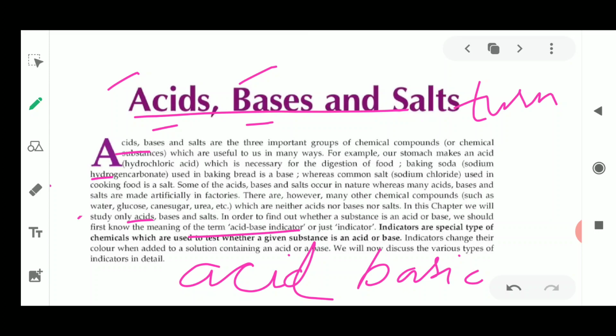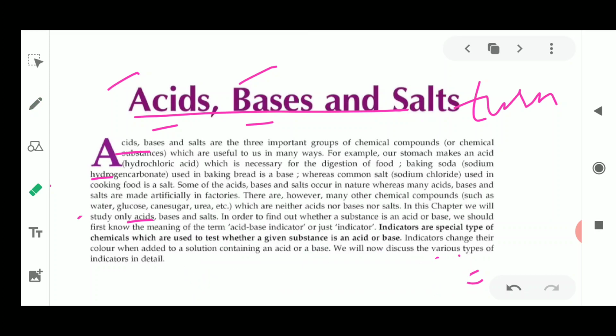Indicators are a special type of chemicals, as we are talking about chemicals in this chapter, which are used to test whether the given substance is acid or base. Now how do these indicators tell you about acids and bases? In the same way as the traffic light was changing the color, these also will change the color when they are added to acids or bases.